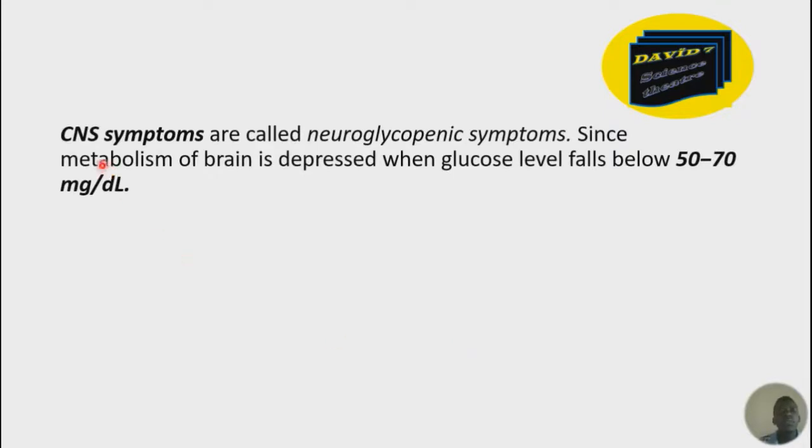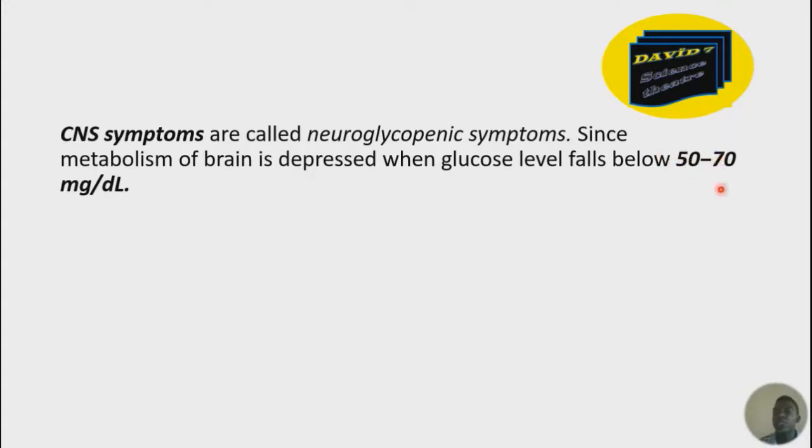We have symptoms in the central nervous system. This is glycopenic syndrome. Symptoms arise since metabolism of the brain is depressed when glucose levels fall below 50 to 70 milligrams per deciliter.